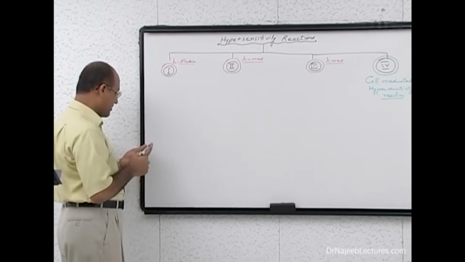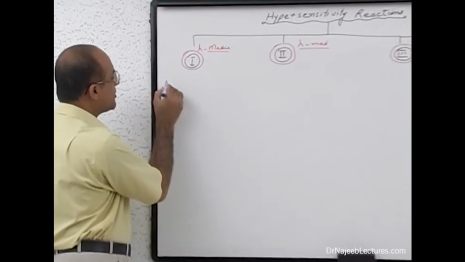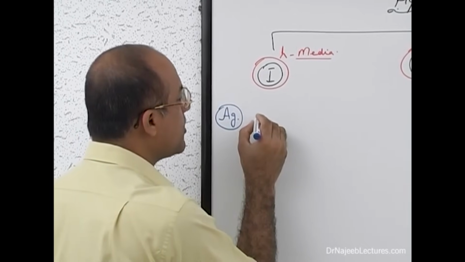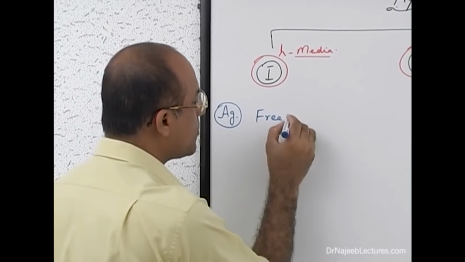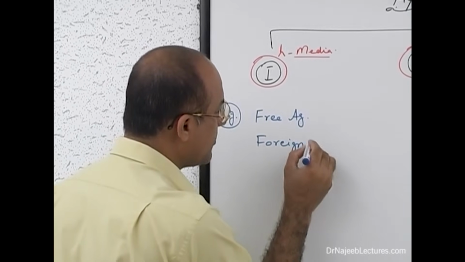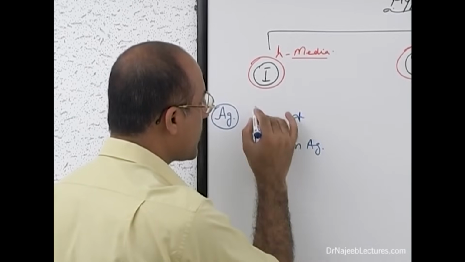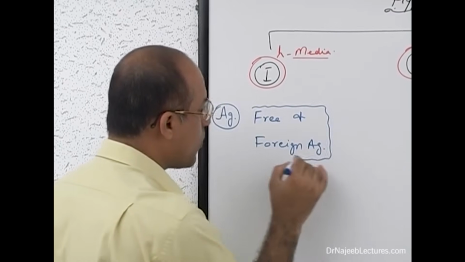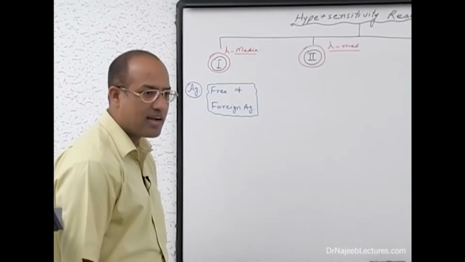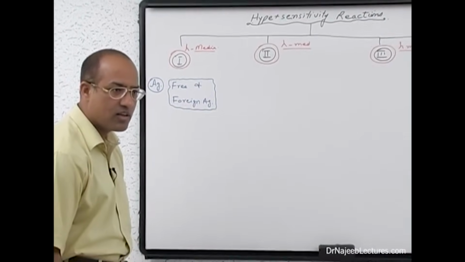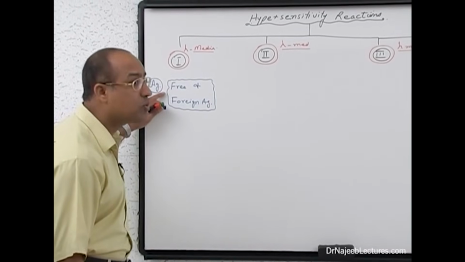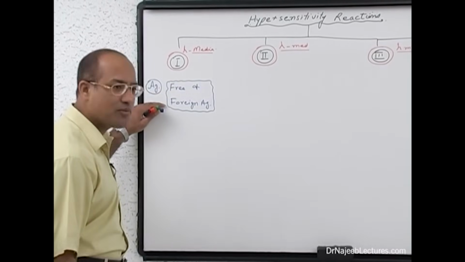Now, in type 1, first of all, we talk about antigens. In type 1, antigens are usually free and foreign antigens. What do I mean by this? For example, pollen grains enter your respiratory system and start some hypersensitivity reactions. Pollen grains are of course free antigens, they are not fixed in your tissue, and of course they are foreign.